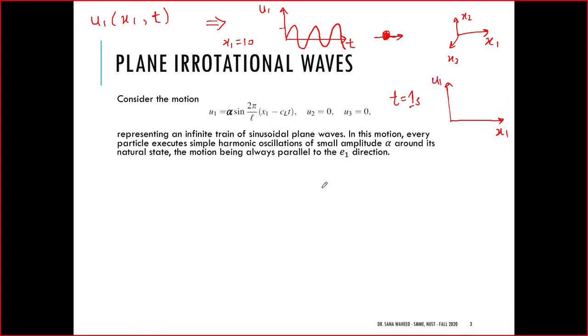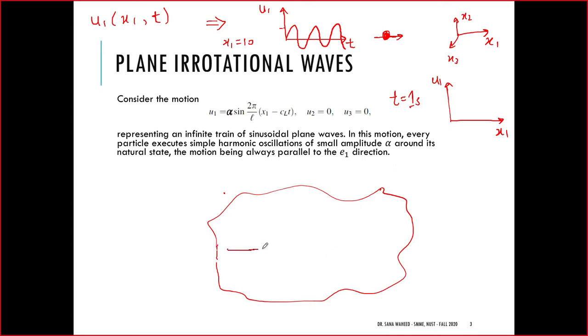For example, let's consider that it was some sort of an infinitesimal medium, some material, an actual solid, some sort of a shape like this. Then what I'm saying is that I look across x1 at all these particles lying at different x1 positions and see what their displacements were at one time. Even that turns out to be, as you can see, if I keep the time constant, a sinusoidal function.